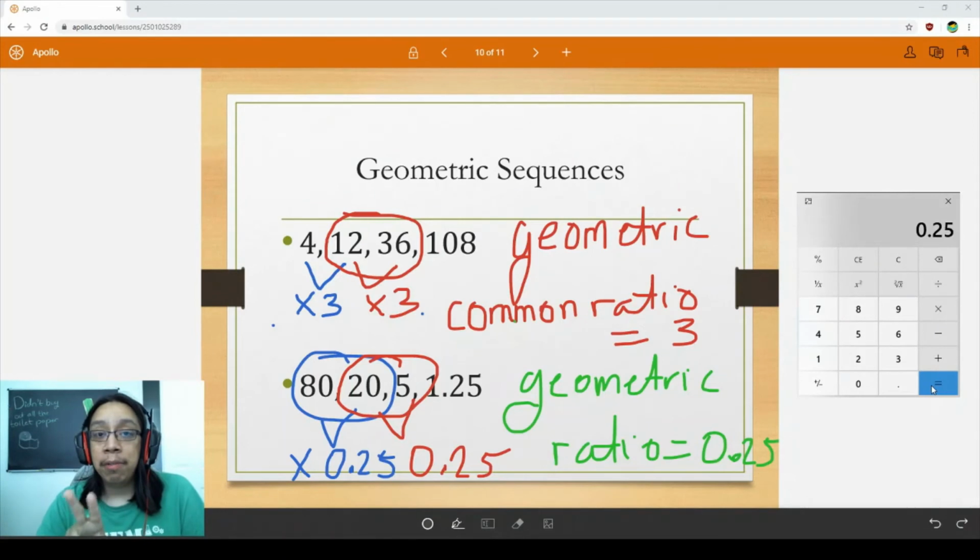Take the next two numbers, also divide them. If the result that you get from both is the same, then it's geometric. That also means that that result will be your common ratio, exactly how we have it right now in this slide. So let's actually apply this.